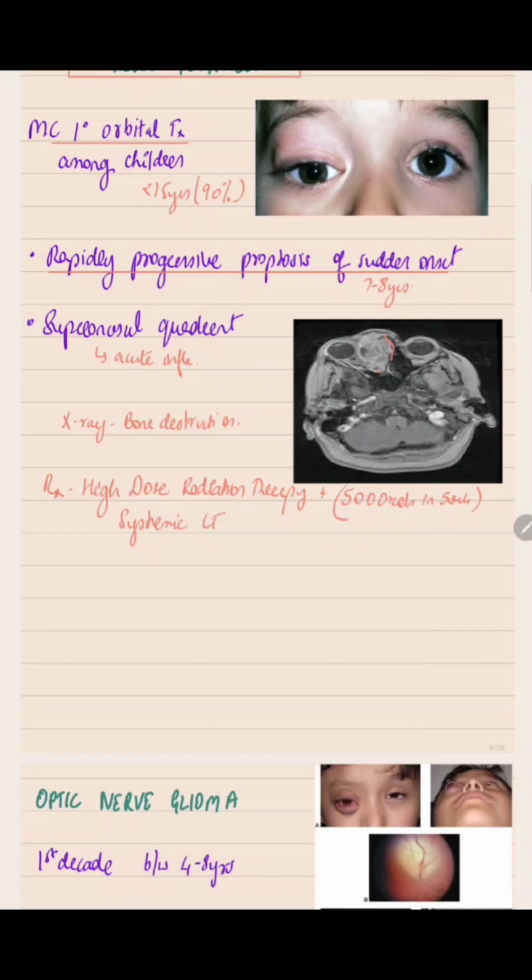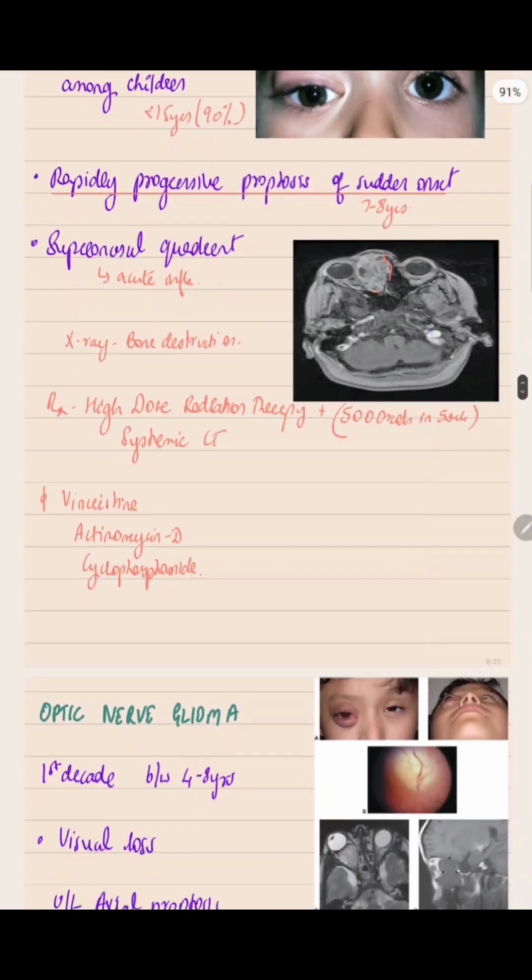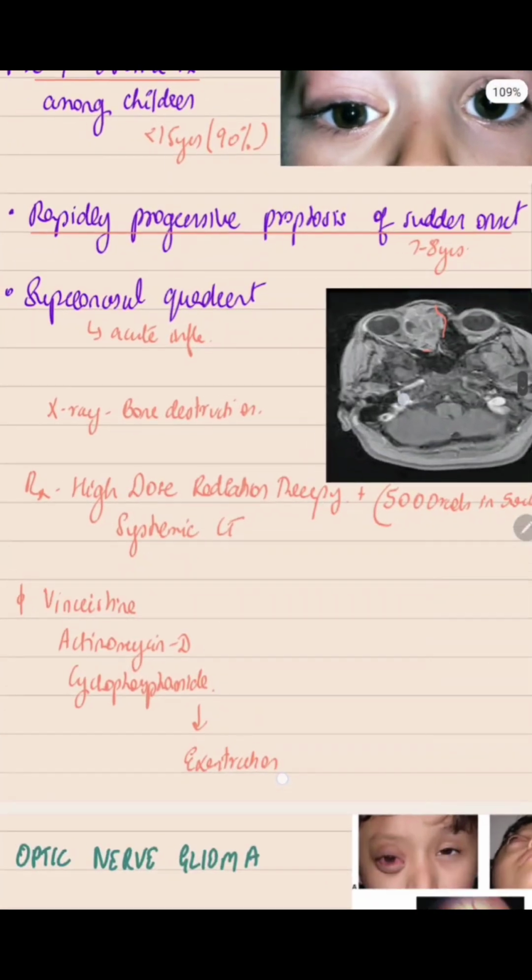The chemotherapy regimen usually consists of vincristine, actinomycin D and cyclophosphamide. Exenteration will be required in a few unresponsive patients. Eventually we will have to go for exenteration if the patient is unresponsive.